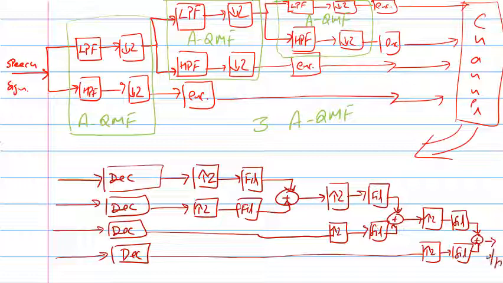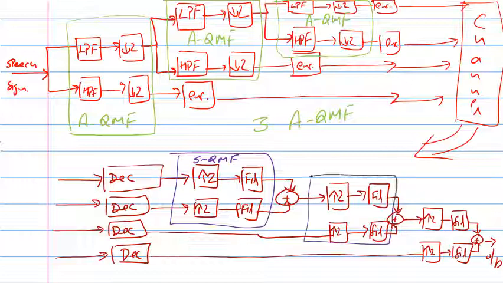That's the output. Now looking at this synthesis part, this is a synthesis QMF. Take this block, this block is again a synthesis QMF. If you take this block, this is again a synthesis QMF.